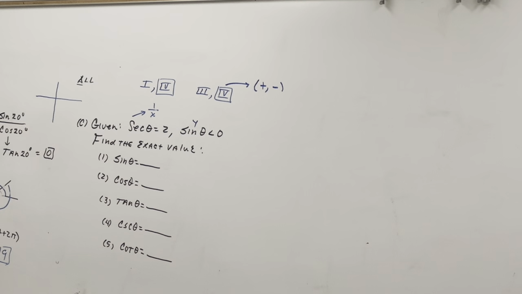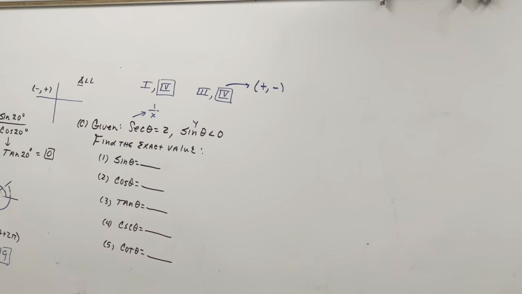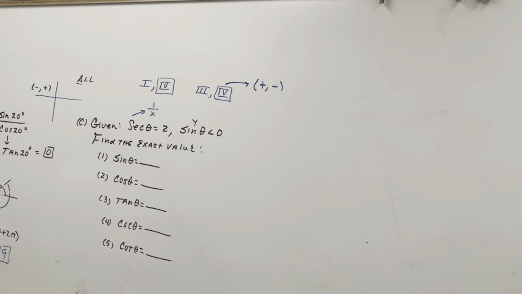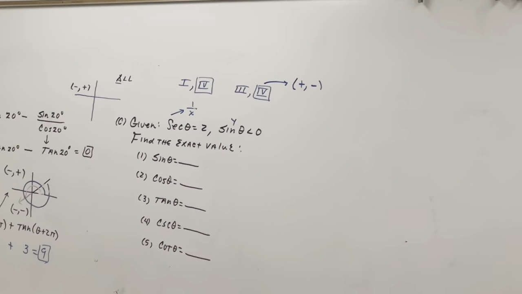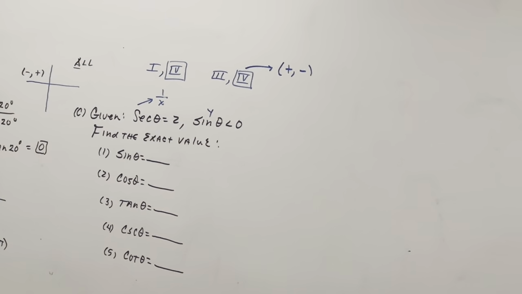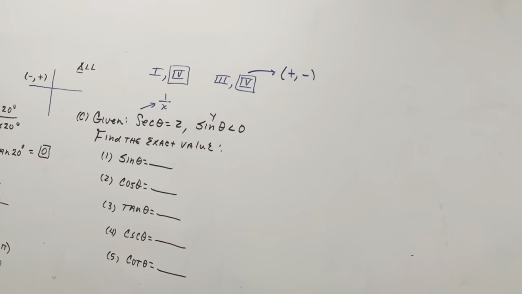Now if I move over to quadrant 2, be careful here. You know from algebra, for quadrant 2, the point is negative, positive. Which of the trig functions, be careful this time, are guaranteed to be positive there?